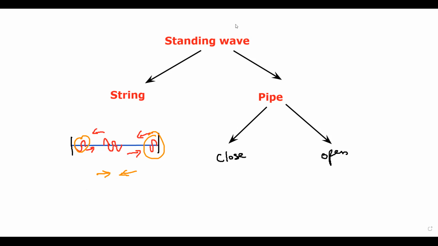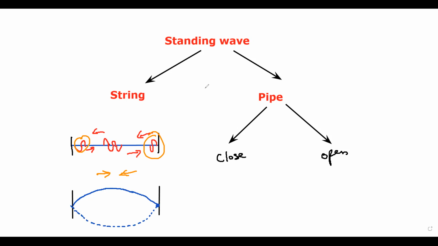So near the ends it will always be nodes, meaning the particles have zero vibration as they are 180 degrees out of phase in terms of vibration. And at the center, if it is vibrating in one loop, we will have an antinode.